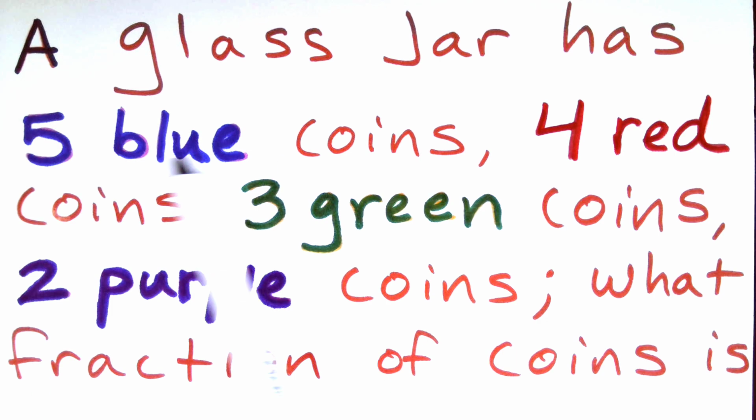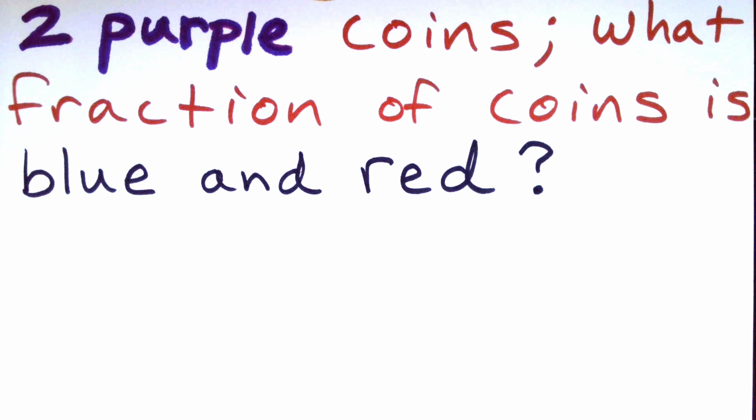A glass jar has 5 blue coins, 4 red coins, 3 green coins, 2 purple coins. What fraction of coins is blue and red? Blue and red. And typically means addition. So we're combining both blue and red coins.